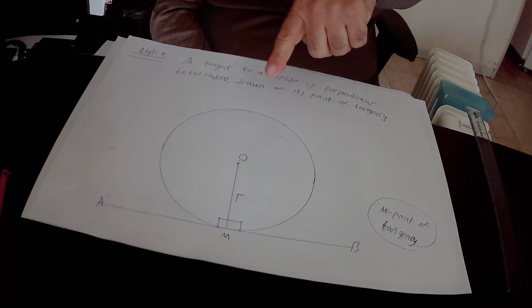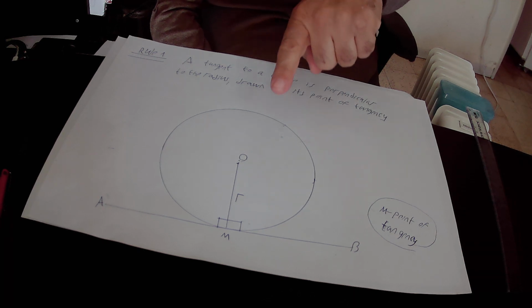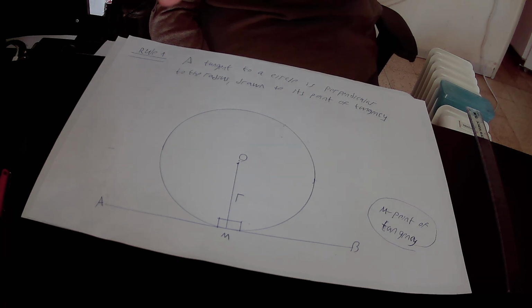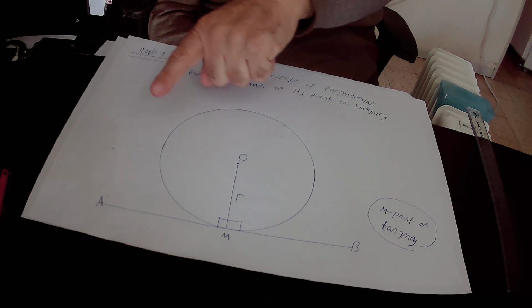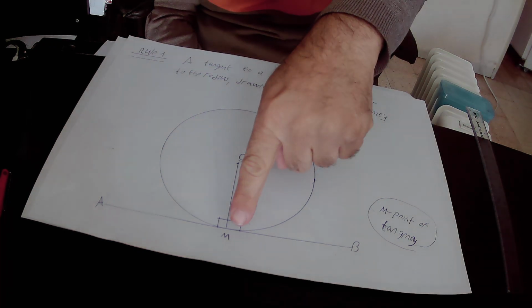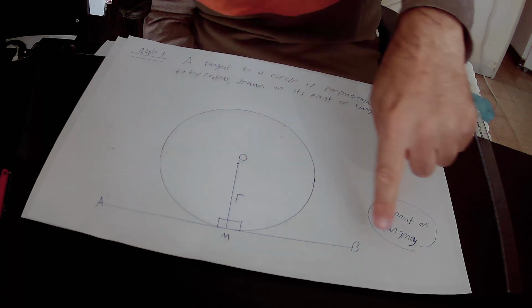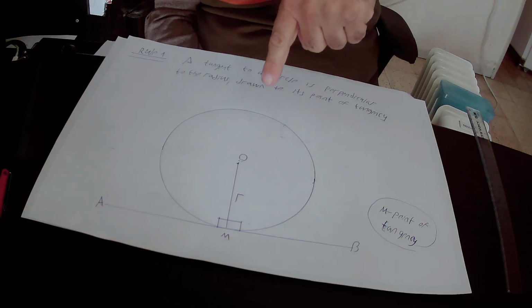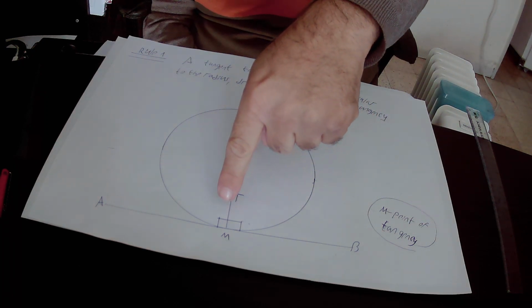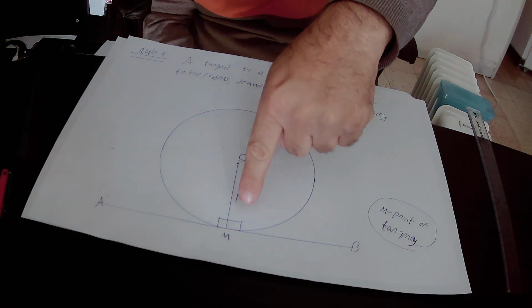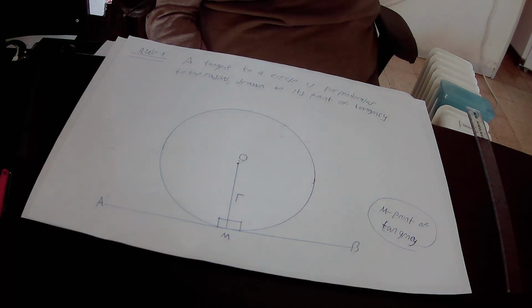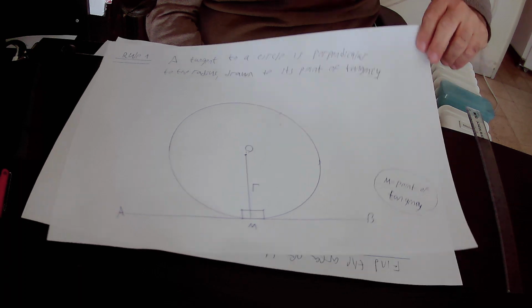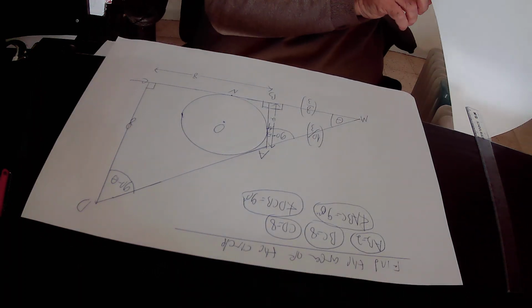The radius OM is drawn to point M, the point of tangency of tangent AB with the circle, and whenever you have a radius drawn to the point of tangency, the tangent AB will be perpendicular to the radius MO. So if AB is perpendicular to MO, it means that this angle equals 90 degrees and this angle equals 90 degrees according to rule number 1. So we can implement rule number 1 in our drawing.